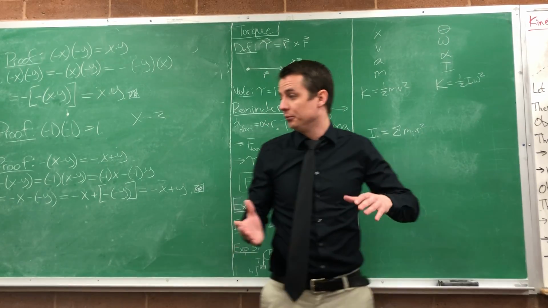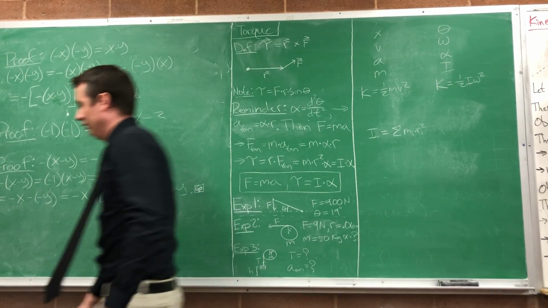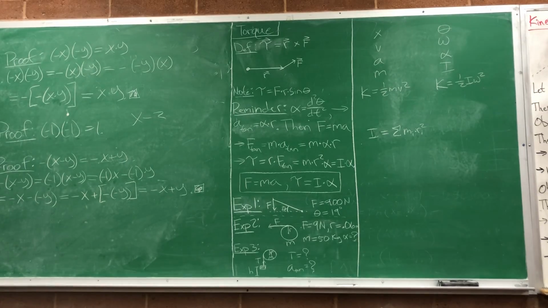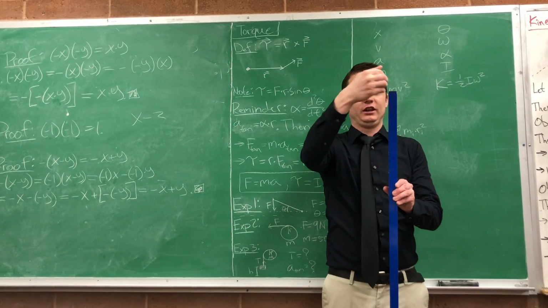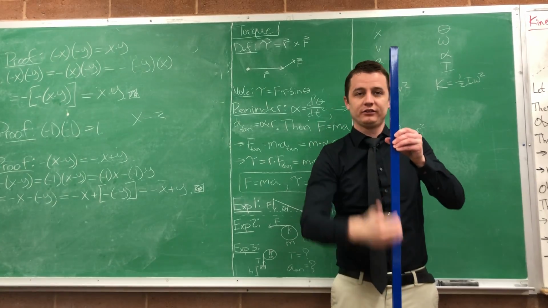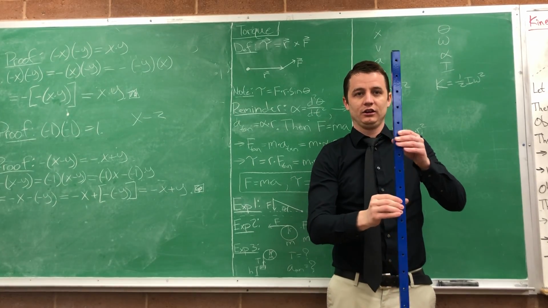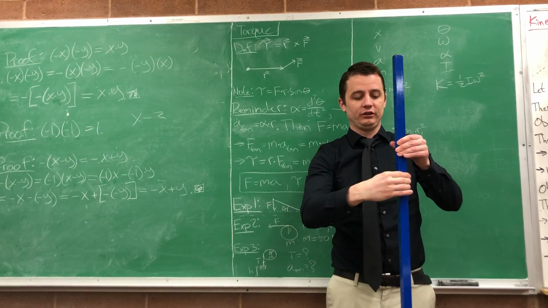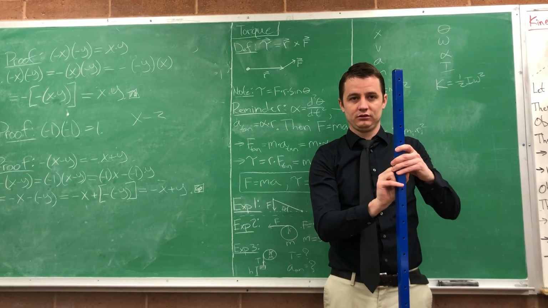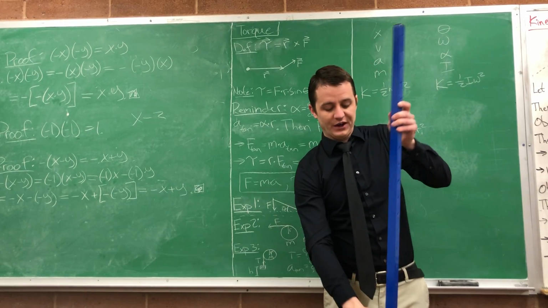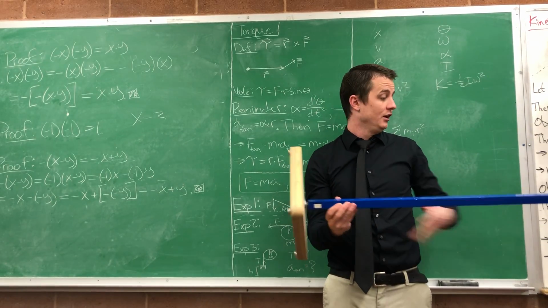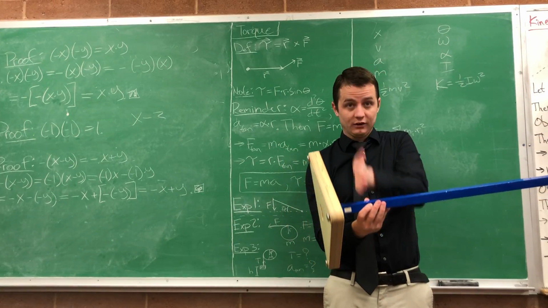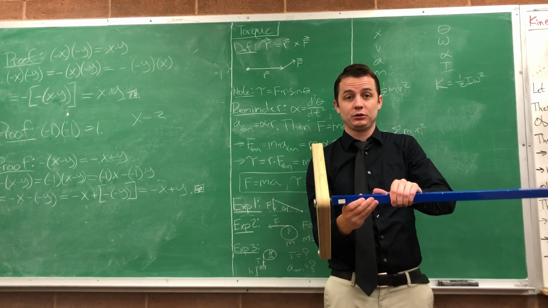If I grab one of these again, the moment of inertia it takes for me to get this to rotate down this axis is relatively small. It was really easy for me to turn this thing completely around. That took almost nothing. Now if I hold it like this, and I rotate around this axis, it has a much bigger moment of inertia, because it has mass much further away from my axis of rotation.